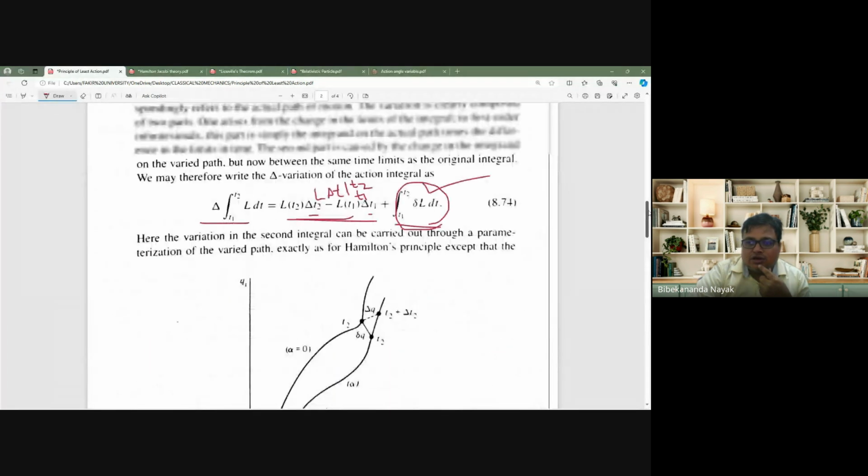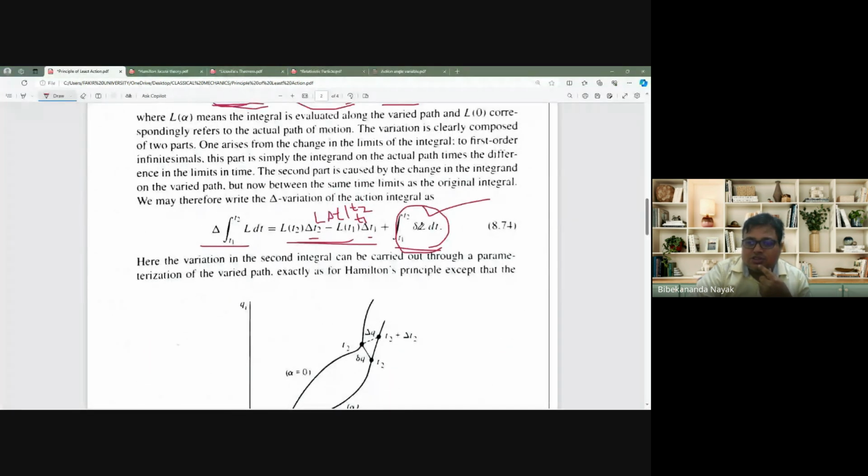But here del L by del T is the second term plus this equation, L delta T at T2 minus L delta T at T1. I can write it as L delta T between T1 and T2. I can write in terms of limit. This equation can be written like this or not?